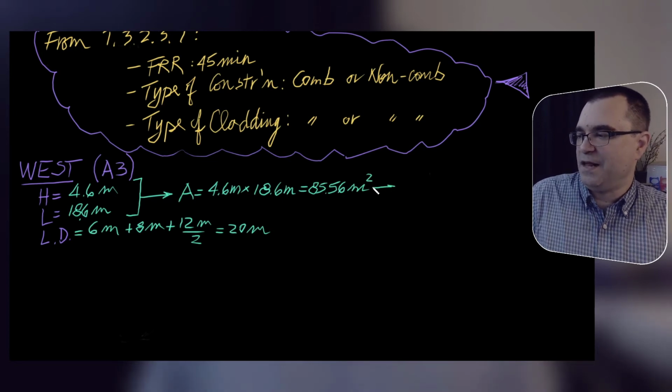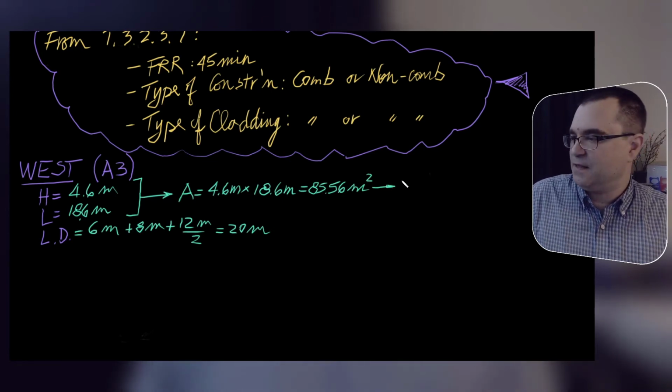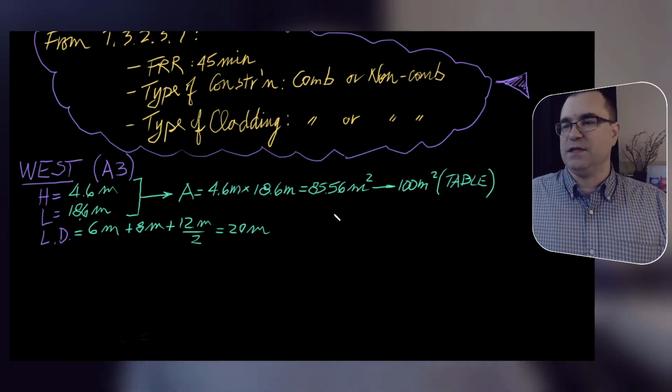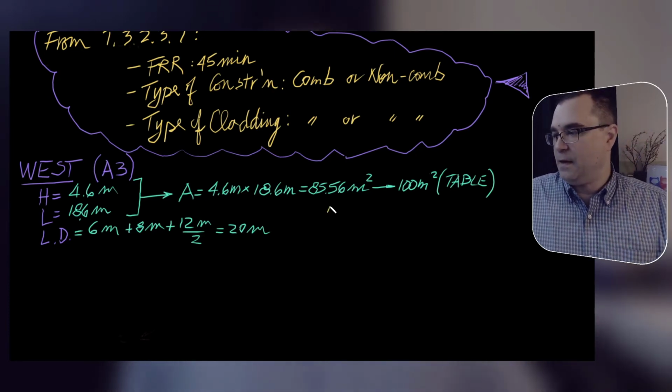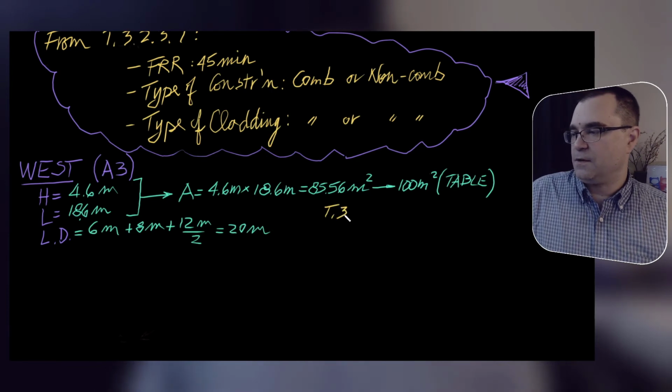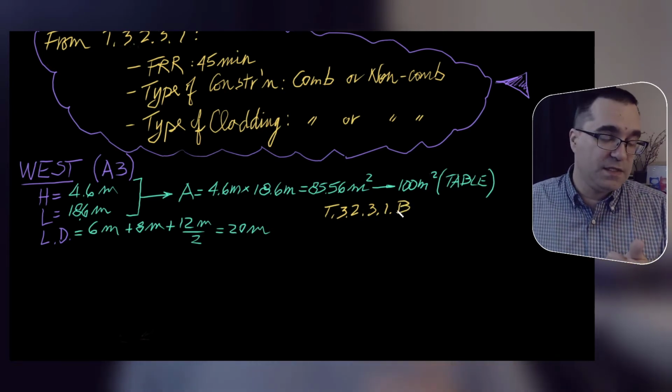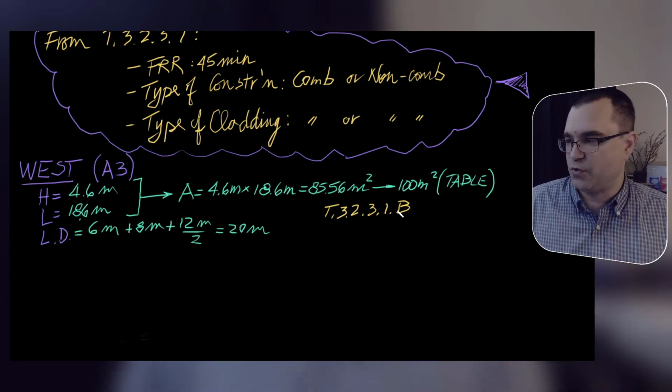Which then tells us that in the table, we're going to be selecting 100 square meters in the table. And that's because we're still using the same table we previously selected for all the other faces, which was table 3.2.3.1b, because this specific building is an A3 occupancy, and it's unsprinklered.